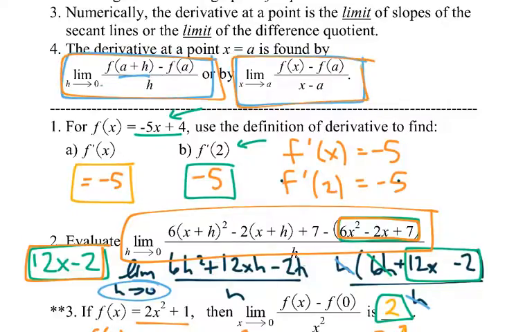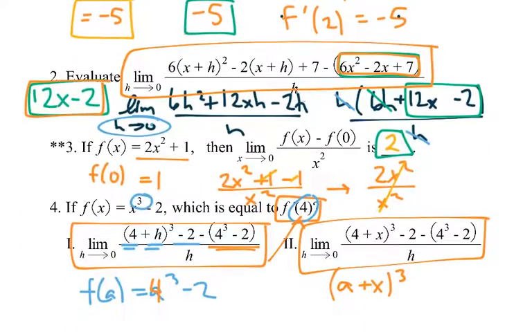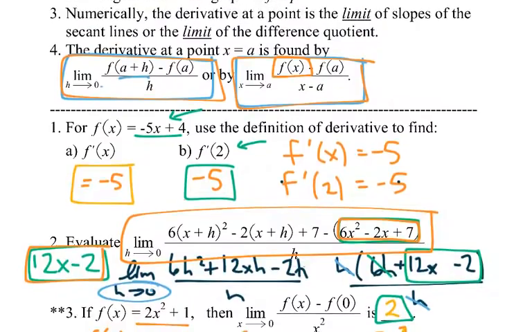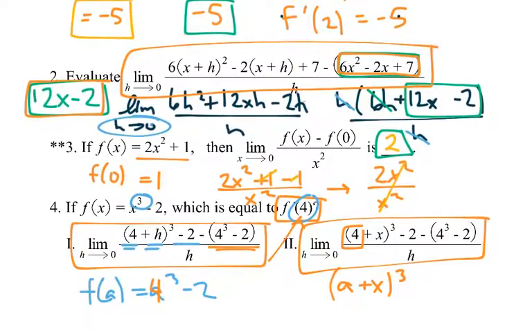This equation doesn't have an a in the f of x part. So we shouldn't see a number in the f of x part based on this equation for the derivative at a point. So this second equation over here does not match the structure of the derivative at a point.